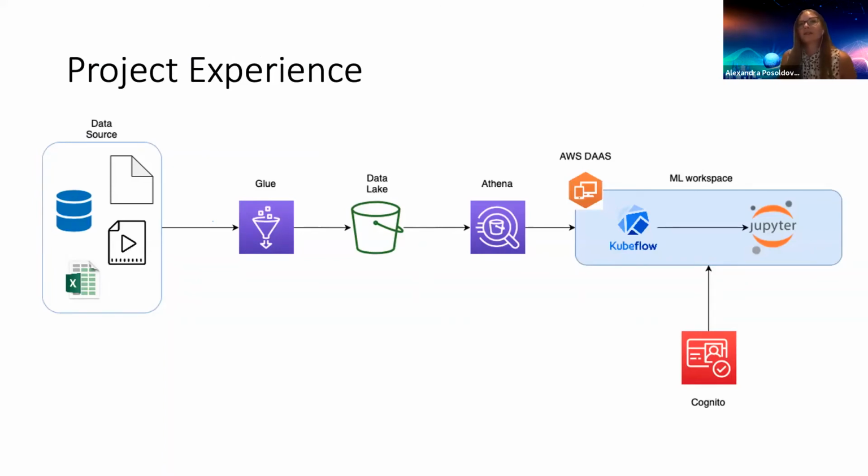They store it in a data lake, which is nothing else than an S3 bucket, and then use Athena to query this data lake. And for me as a data scientist, I access the machine learning workspace using AWS DaaS, which is desktop as a service. The access is managed by AWS Cognito.